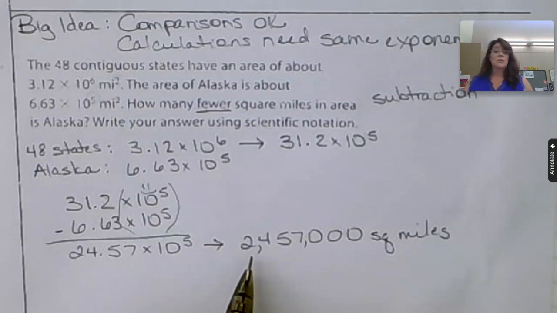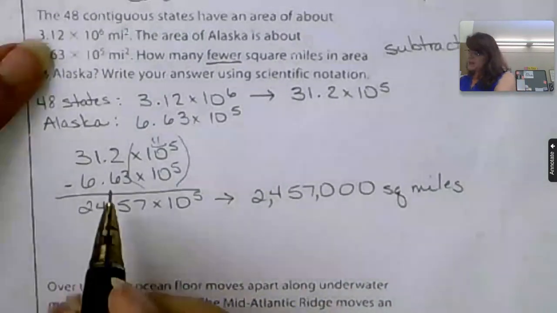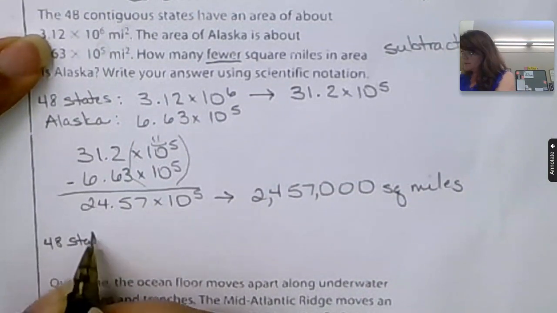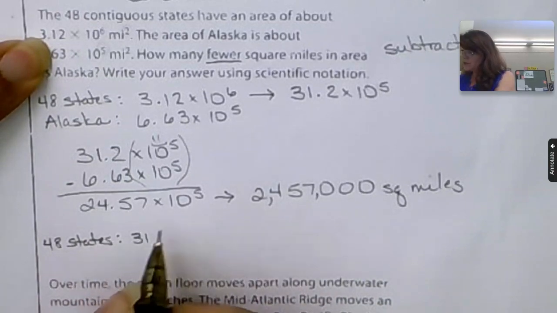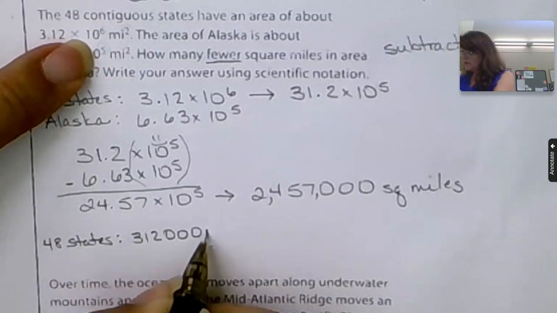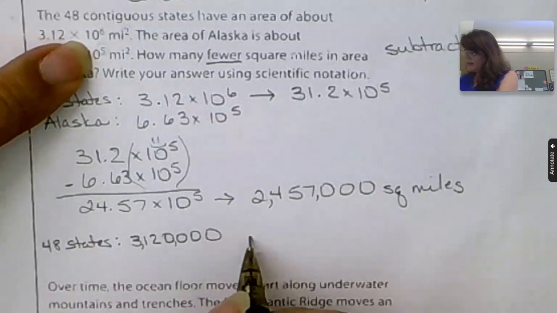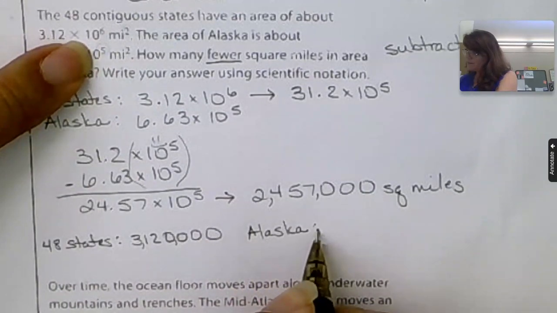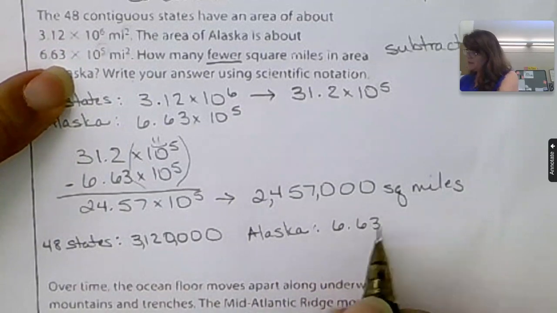It's still huge. Now let's see if that makes sense. To have it make sense, we're going to put 48 states at 3.12, 10 to the 6th. Alaska, 6.63, 10 to the 5th.